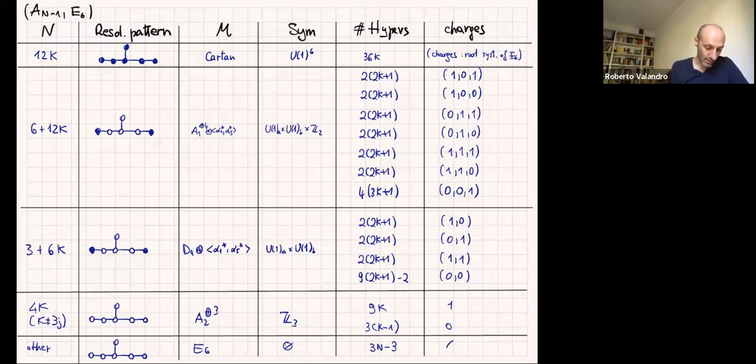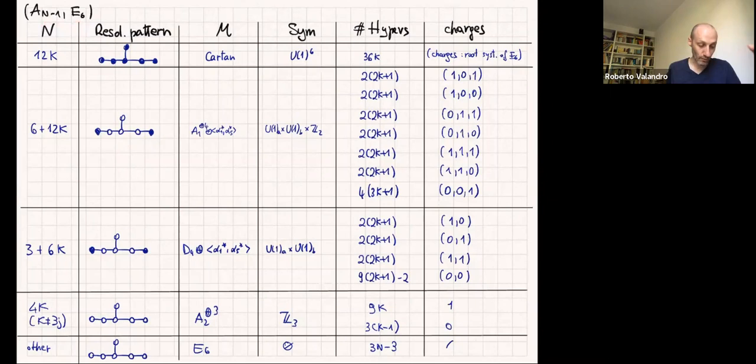So you have different kinds of possible classes with the n. And for those classes, we can provide what is the resolution pattern, so how many spheres are blown up in the central fiber. When n is a multiple of 12, 12, remember, is the degree of the Casimir that we switch on in this threefold.